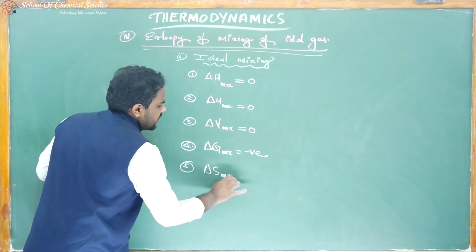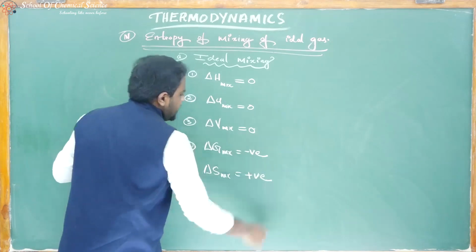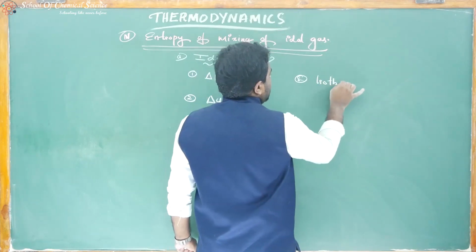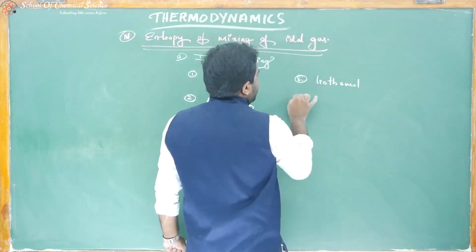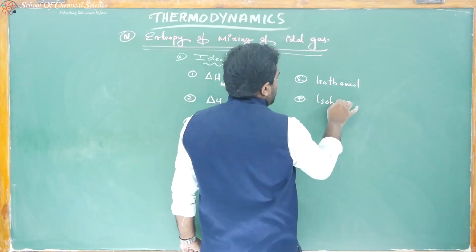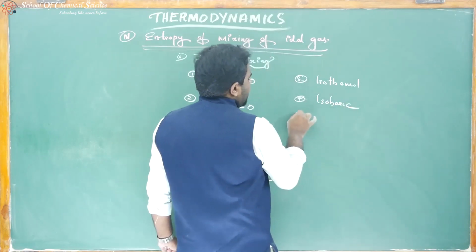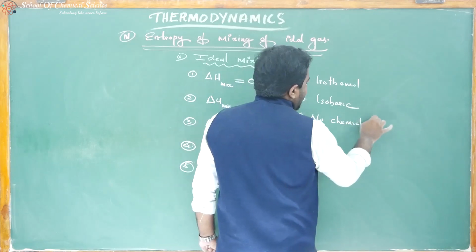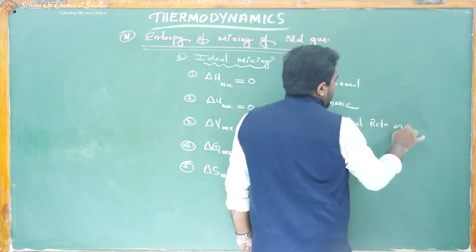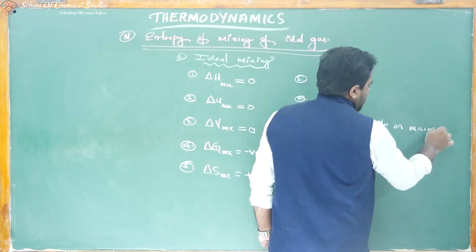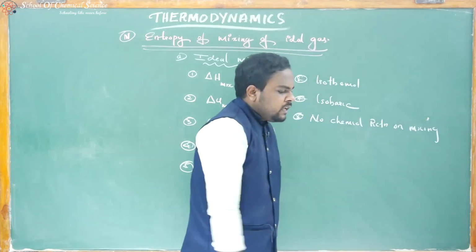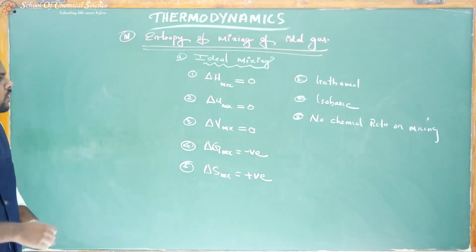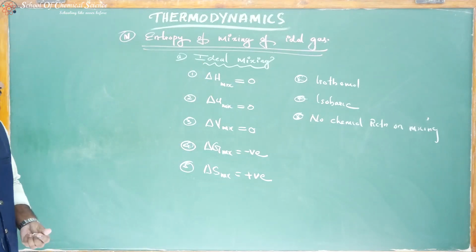Delta S mixing is positive. Sixth condition, isothermal. Seventh one, isobaric. Eighth one, no chemical reaction on mixing. So these are the conditions of ideal mixing.